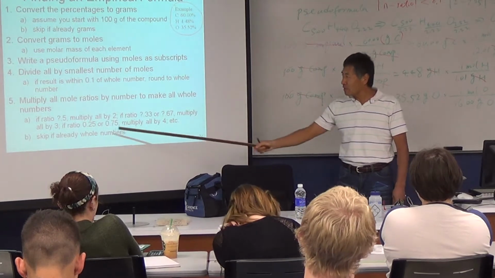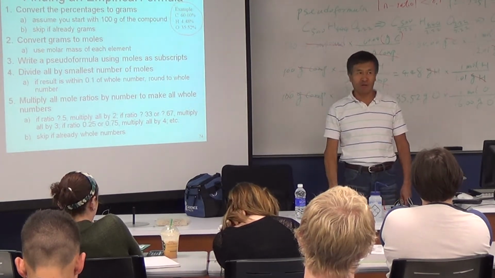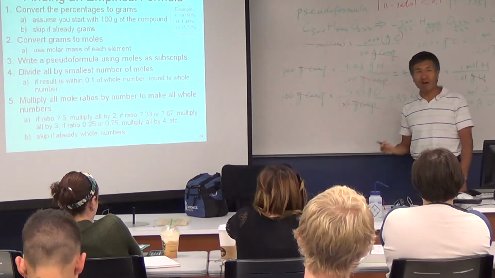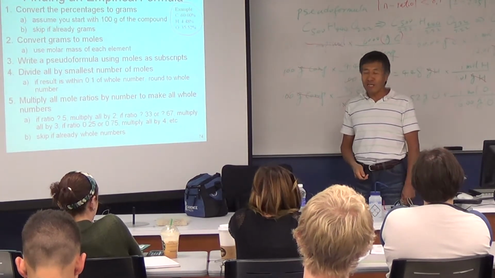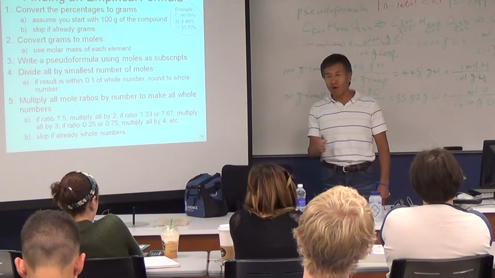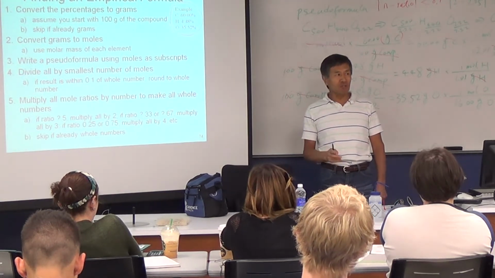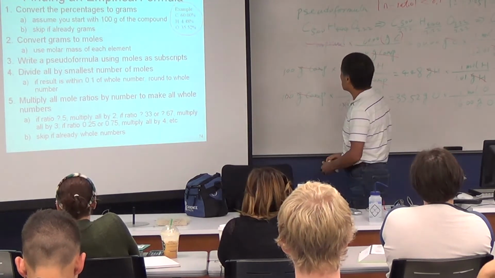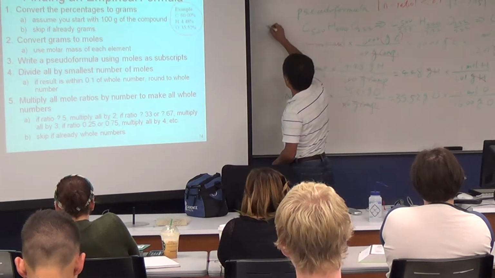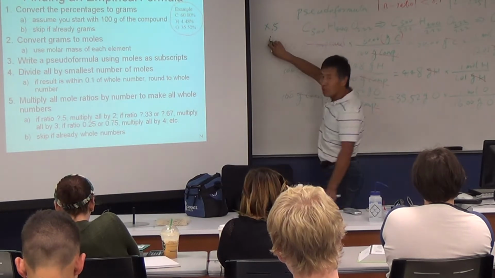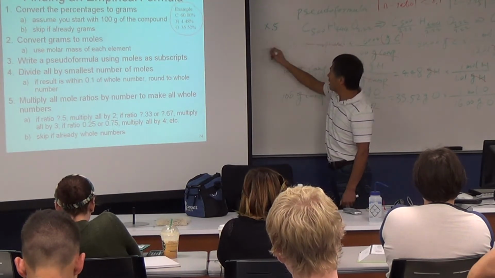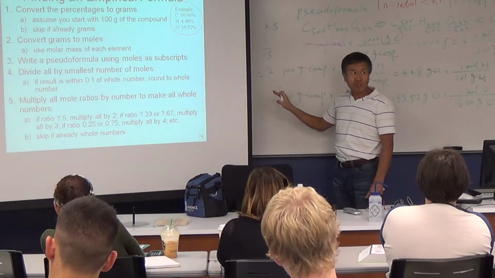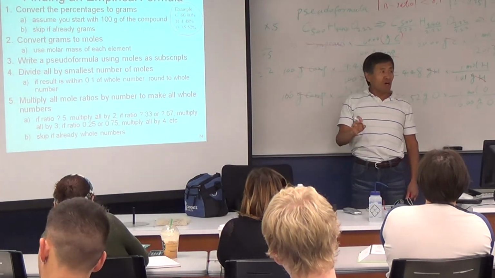If your number has 0.5 in it, no matter whether it's 0.5, 1.5, 2.5, or 3.5, then you want to find a number to multiply all those ratios to make them close enough to integers. You take 1 divided by 0.5, which obviously gives you 2. That means you multiply all the numbers by 2.